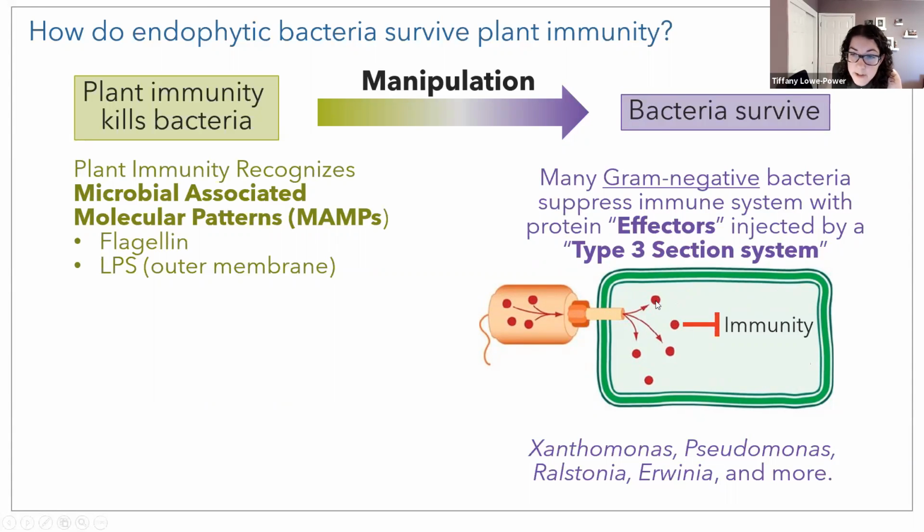But a very large number of these effectors have been found to interact with different parts of the plant immune machinery in order to dampen immune responses.